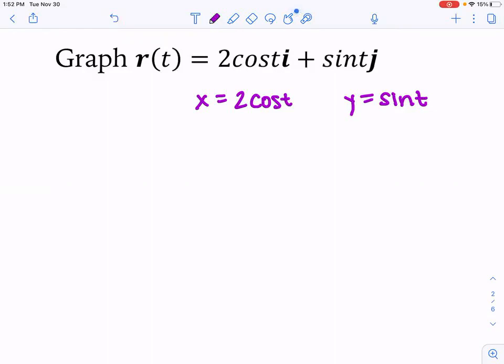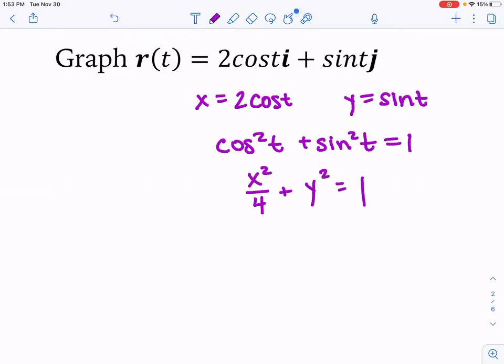It's not a circle, it's an oval, like an ellipse. We know that cosine squared plus sine squared equals 1. Well, cosine is the same as x over 2. Sine squared is the same as y squared.